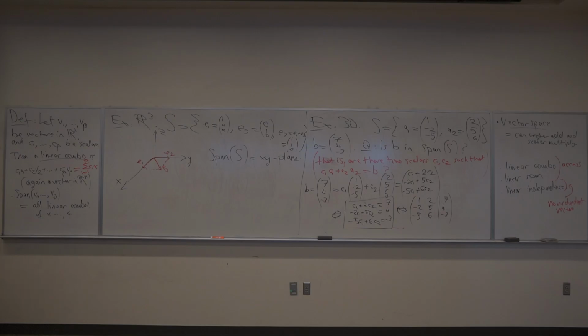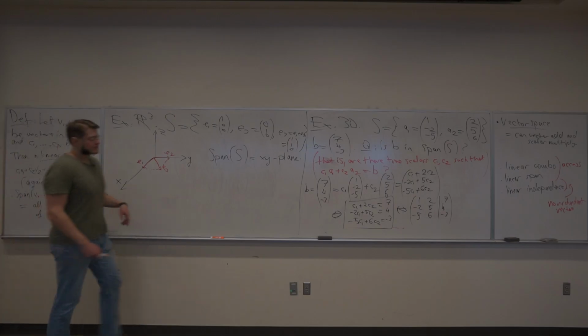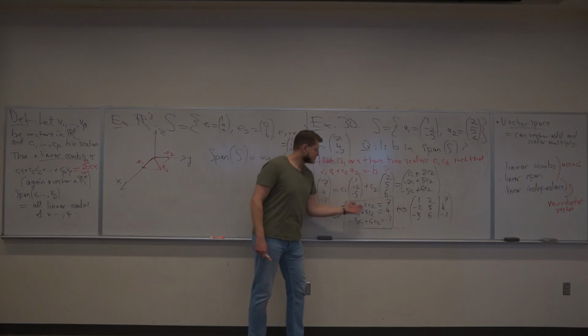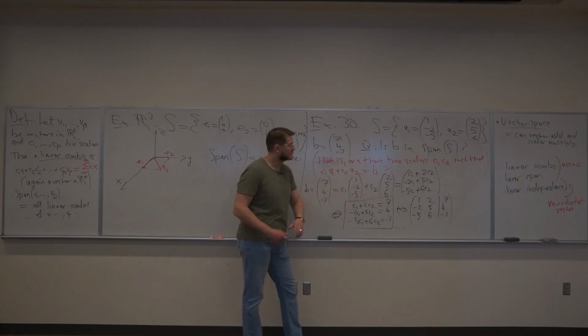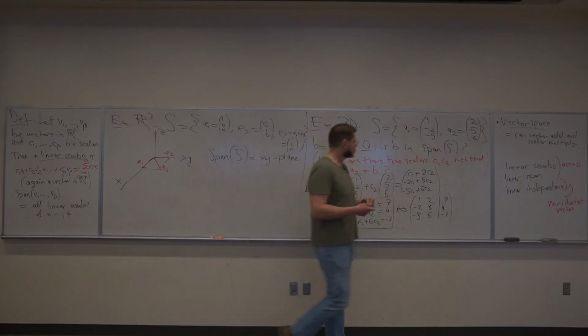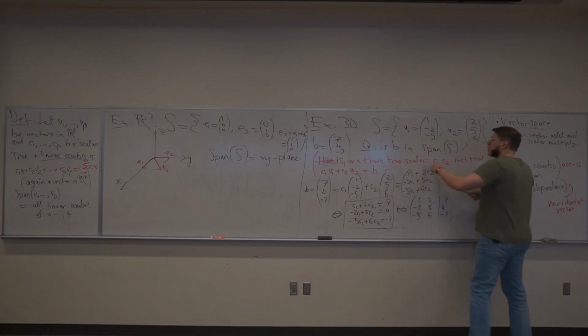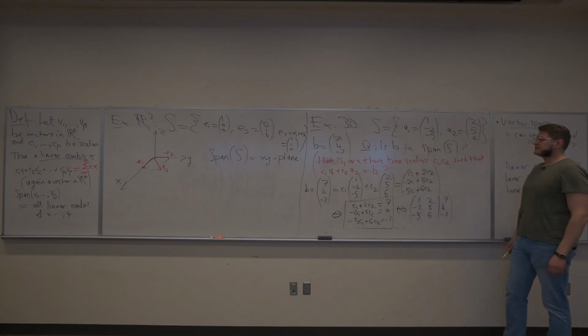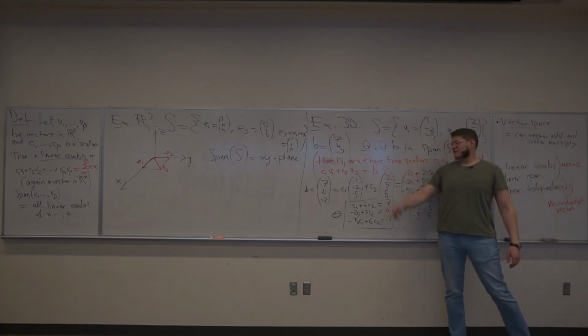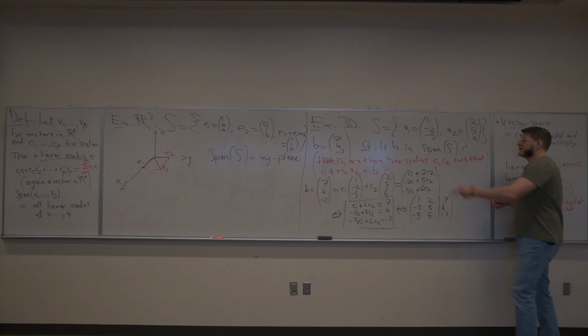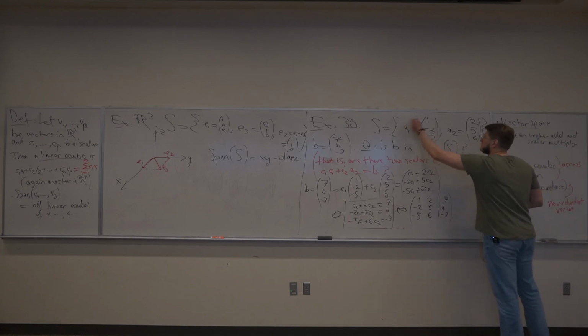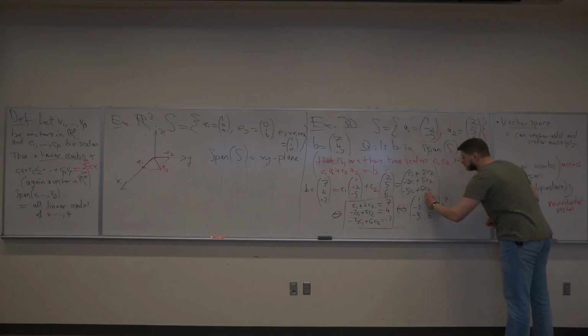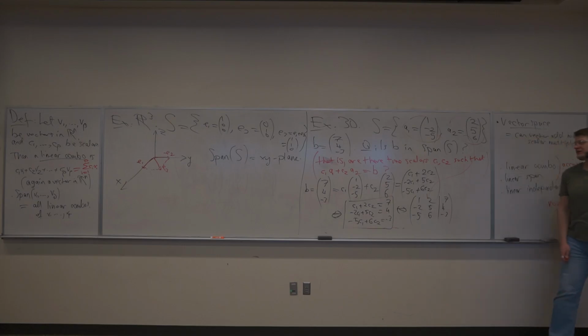To reiterate, either you can open up the definition and manipulate things to get the augmented matrix, or if you want to fast forward, if I give you a bunch of vectors and ask whether this vector is in the span, just take these vectors and put them on the left-hand side of your augmented matrix.